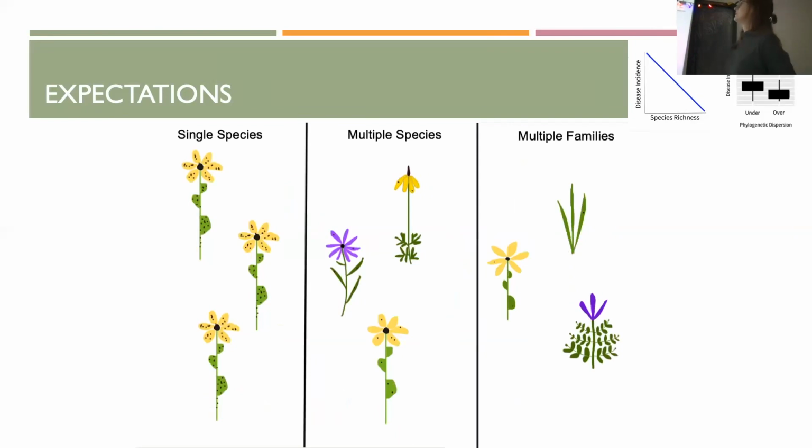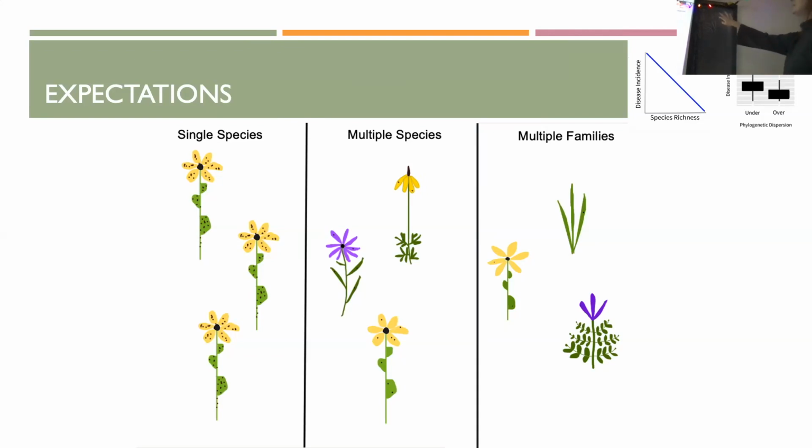And then here is a figure showing monoculture versus multiple species versus multiple families. You can see that the single species has significantly more disease as compared to the multiple families, which has the most diversity. And then these figures up here, which are sort of blocked, are showing the trend that as plant species richness is increasing, the disease is decreasing.